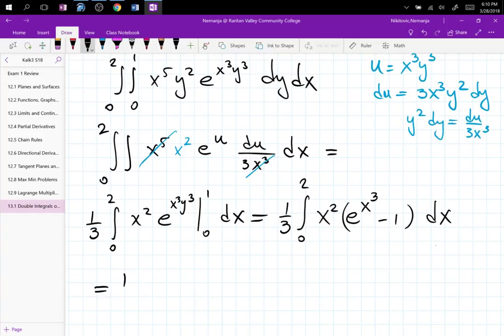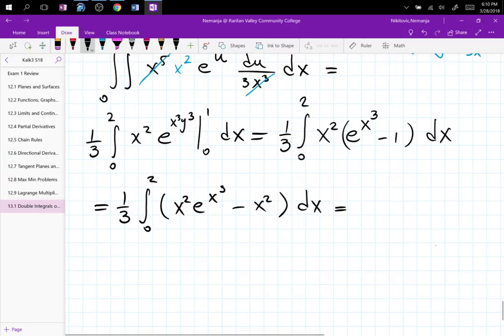So the whole thing over here is 1/3 integral 0 to 2 of x squared e to the x cubed minus x squared dx, which is great because now I can use one more u-sub. And this is awesome now. I could have done it the other way, but then they're going to have x's in them. So that's why I avoided that.